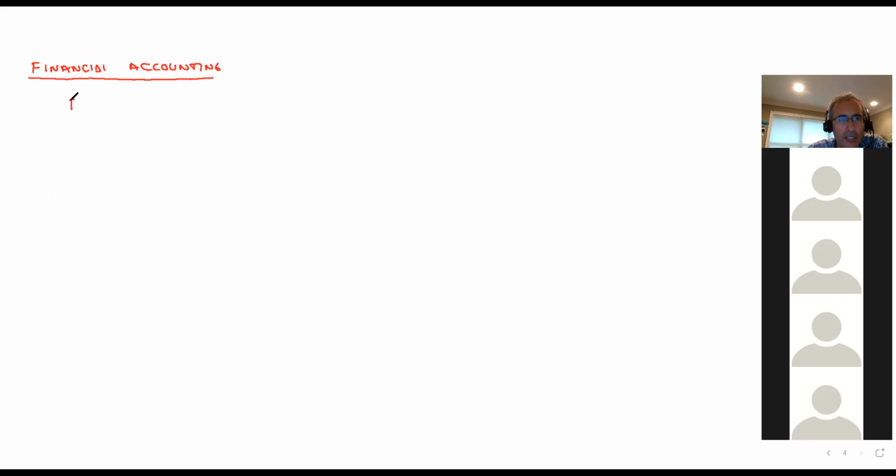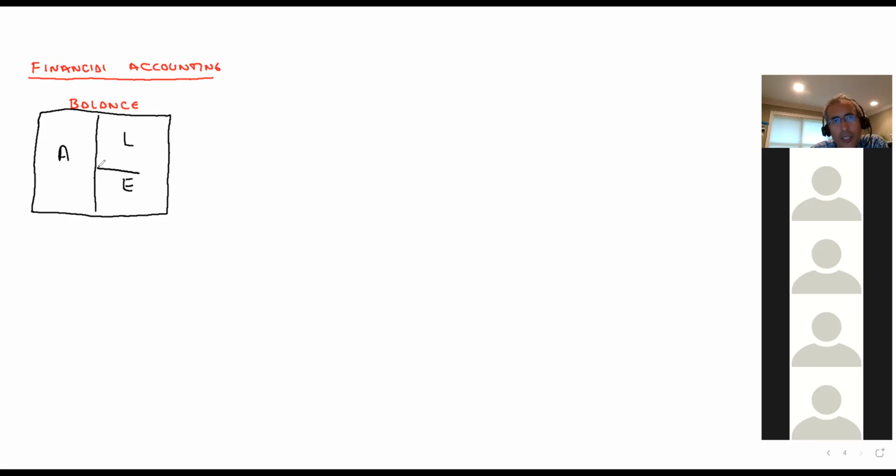Okay, so we have the balance. As you remember, we are going to divide this into three pieces: assets, liabilities, and shareholders' equity. Got it? Each of them, you have assets that are going to be short-term, and then you have long-term.